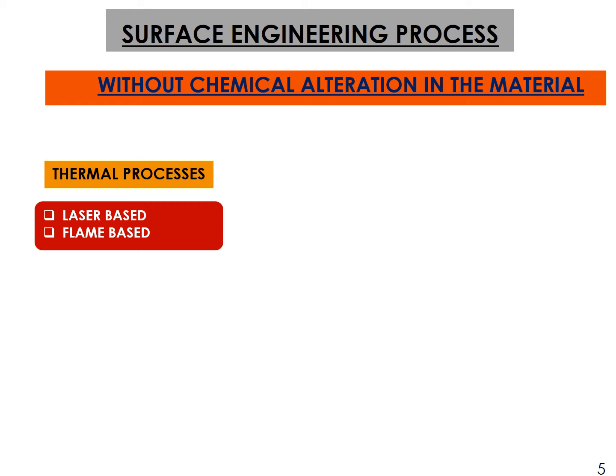Now, laser, nowadays a lot of work has been done on the laser side. With laser, intense heating of the material is carried out. So it is much faster than the conventional methods. A high power beam is focused onto the material, and you can have instant heating in the case of lasers.